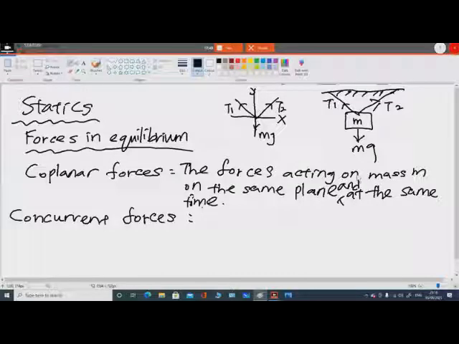Okay, so what does concurrent force mean? Let me erase this one.